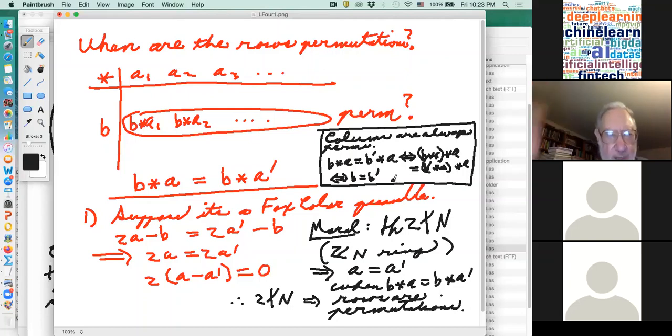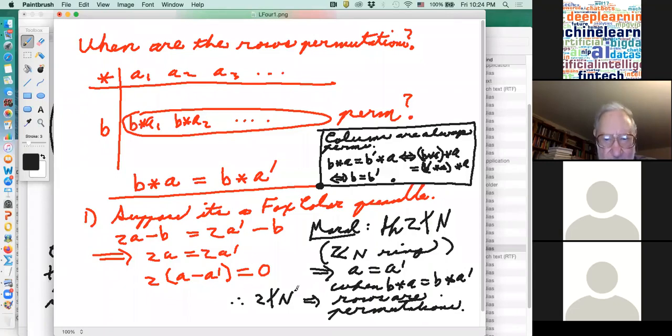In any quandle, when you make the multiplication table, the columns will be permutations. That says that the quandle is acting by permutations on the columns. And it's worth looking a little more closely at that action. That's going to be related to a group in general. But we know the columns are always permutations, but the rows are not.